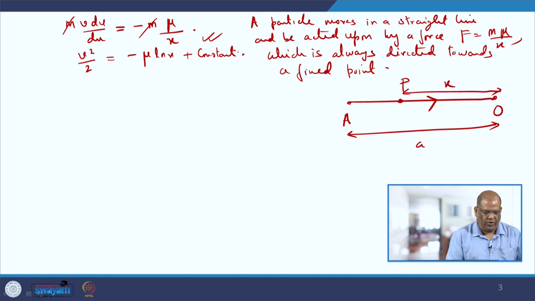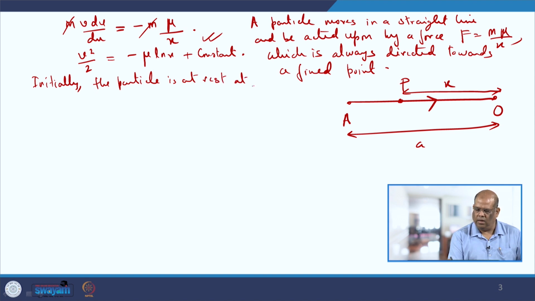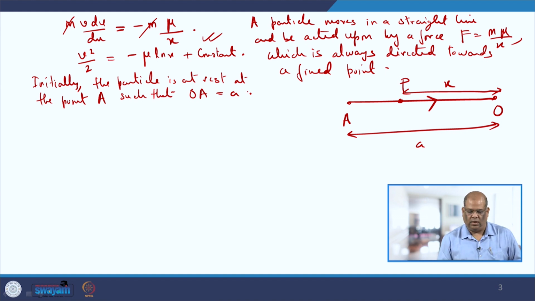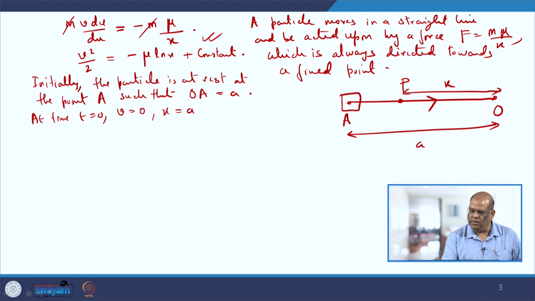So, the initial condition, say initially the particle is at rest at the point A such that OA equal to small a. So, if the particle is at rest, then the initial velocity is 0. So, at time t equal to 0, v equal to 0 and x is equal to a, because the particle is here.